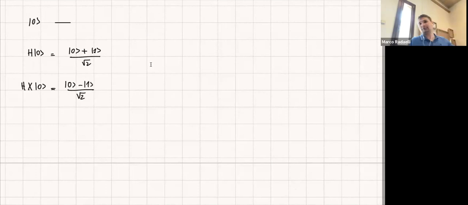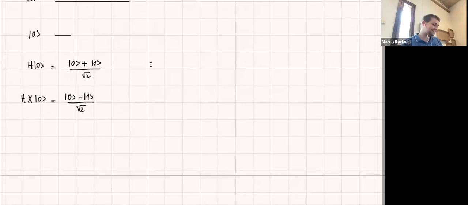Be careful, the operators don't commute, so I have to apply them in the right order. If I apply the opposite way, first the Hadamard and then the X, nothing changes, because the plus state is invariant under the action of X. So this is the minus state.